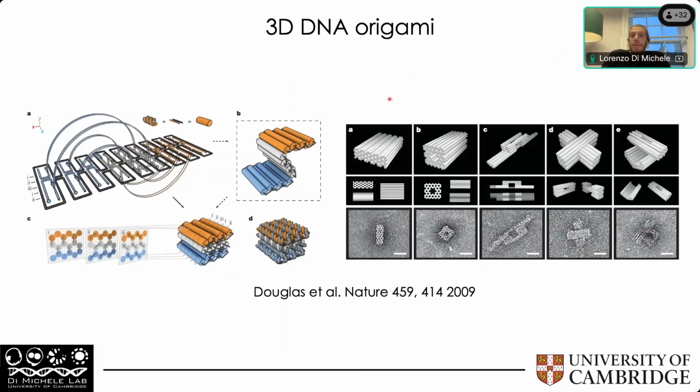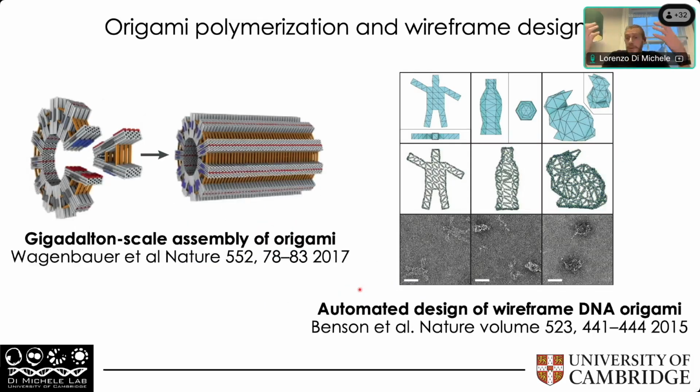Building from this, people have learned how to create three-dimensional structures of DNA origami. Again, that's a key paper on this that you can read about. And building from there, now we can build whole photonic crystals out of DNA origami. That's something that the group of Tim Liedl is working on.